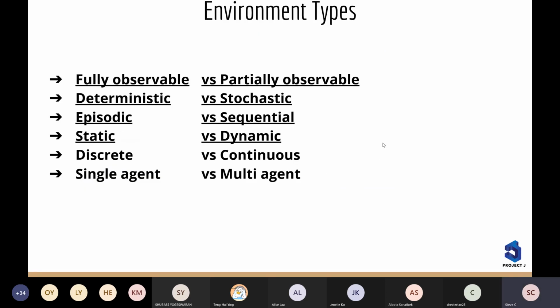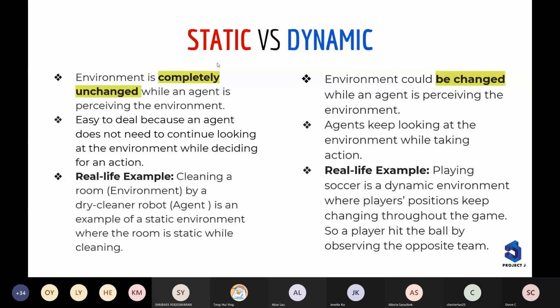Next, static versus dynamic environment. Static, as the name suggests, is completely unchanged while an agent is perceiving the environment. It is easy to deal with because an agent does not need to continue looking at the environment while deciding on an action. An example here would be cleaning a room by a robot cleaner, which is the agent.